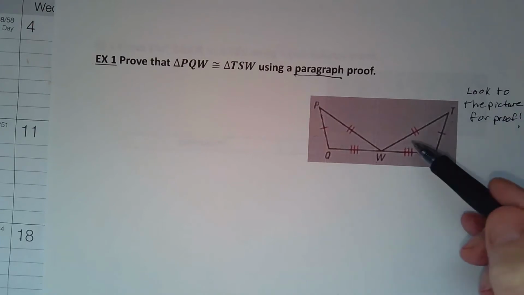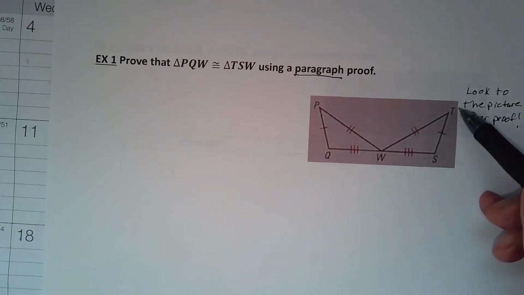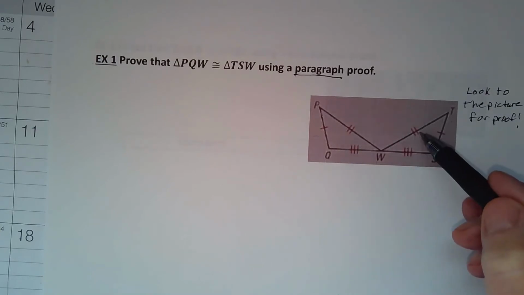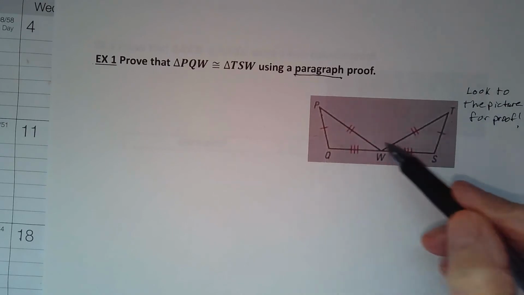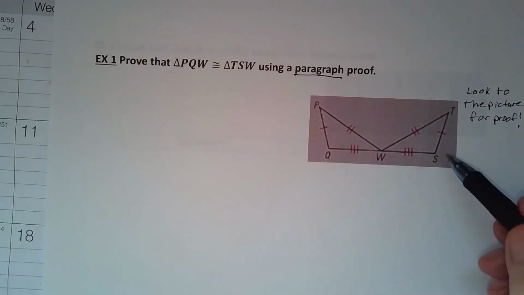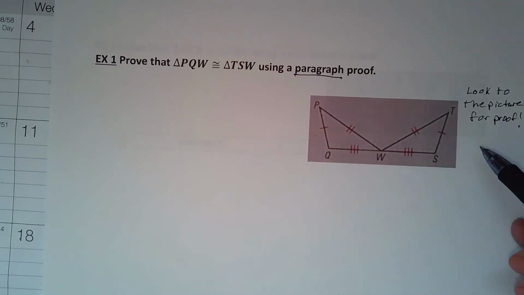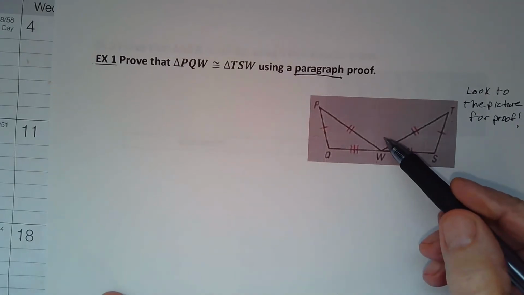PW here is congruent to WT. Why? Because of two tick marks on each of those two line segments. And WQ here is congruent to WS. Why? Because of the three tick marks you see in each of those. So you've got corresponding sides, three sides, all right?